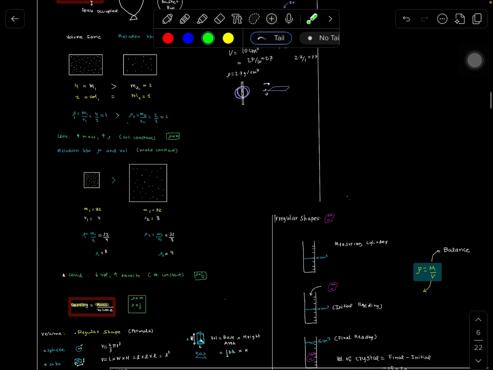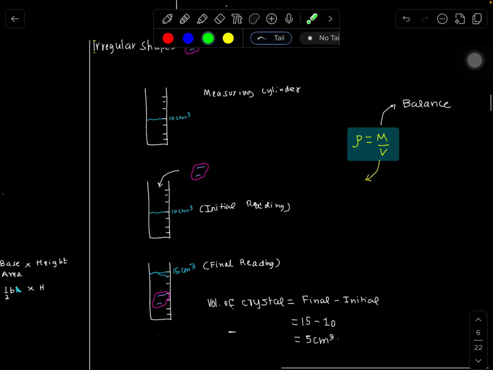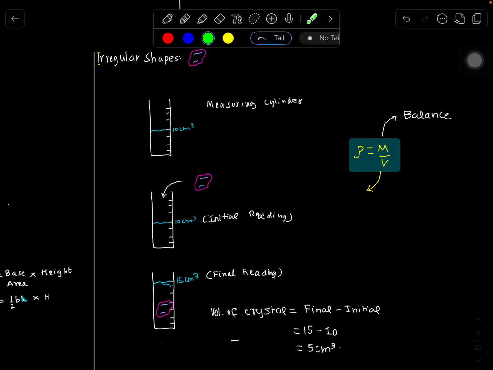Okay. Now, if you have an irregular shape, you cannot use a formula to find its volume. Instead, you're going to use the displacement method. So what you do is you take a test tube, you fill it up to a certain amount of volume, you measure the volume, that's going to be your initial reading. Then you put your irregular shaped object into the test tube.